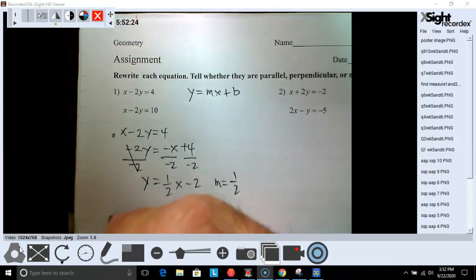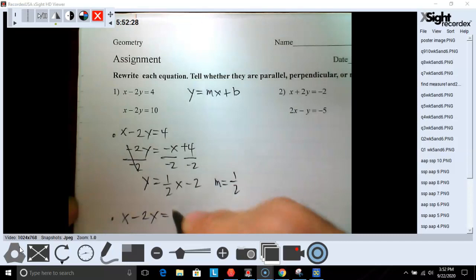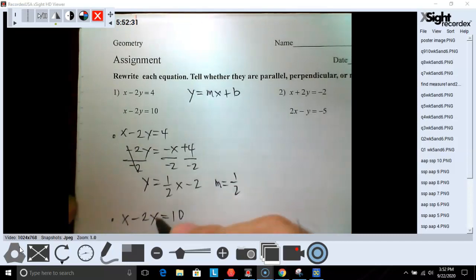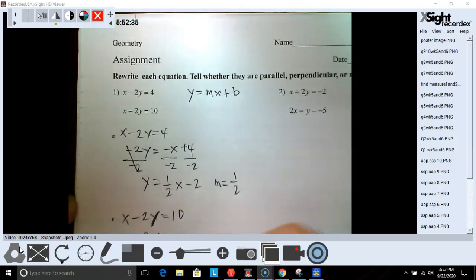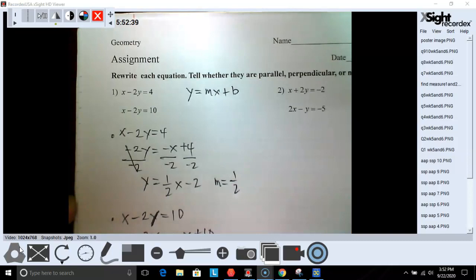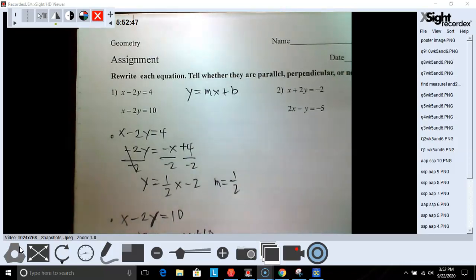Okay, the second equation: x minus 2y is equal to 10. If you notice, they're quite similar to one another. It's just that the constant is different. Divide by -2. Y is 1/2 x minus 5.